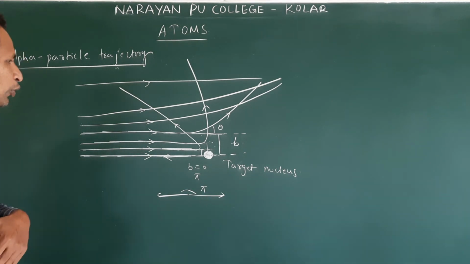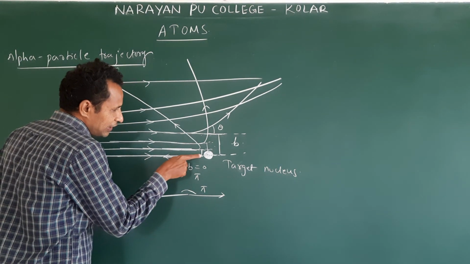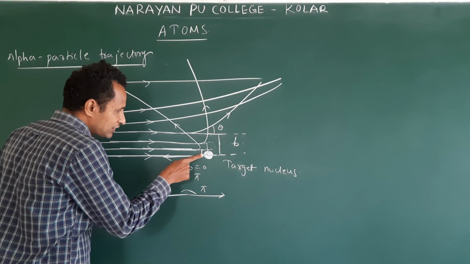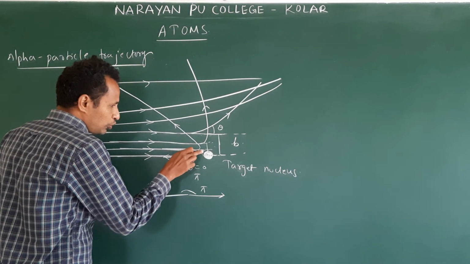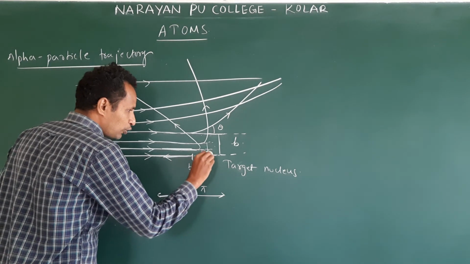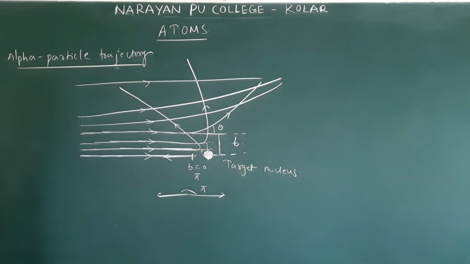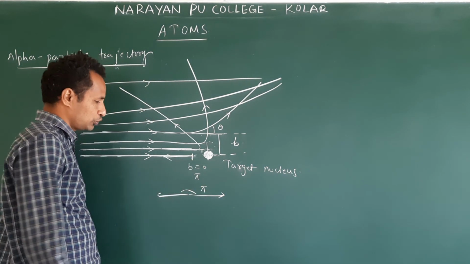Clear? And one more point: the particle falling on the center of the nucleus will not touch the nucleus. It approaches almost close and reflects back due to repulsive force. This we call the closest approach.